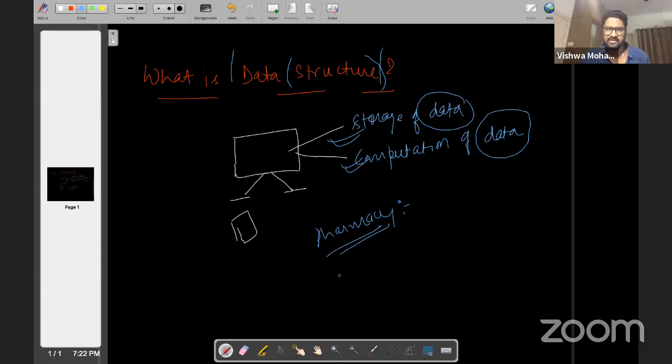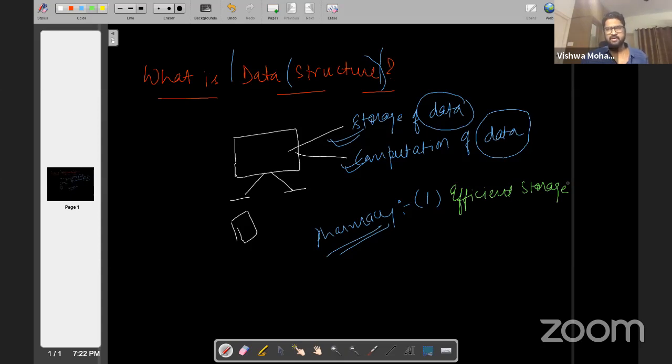And why do we need data structures? The first important point is efficient storage. If we can structure the data well, we can store it more efficiently. It will take less space.